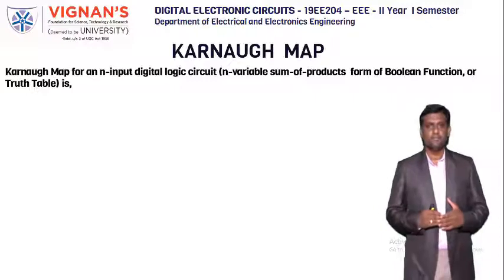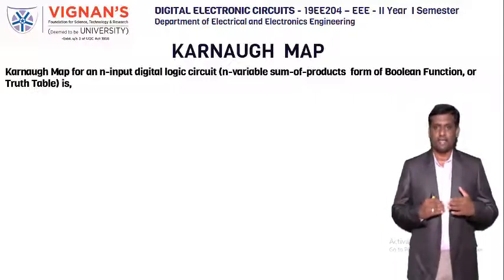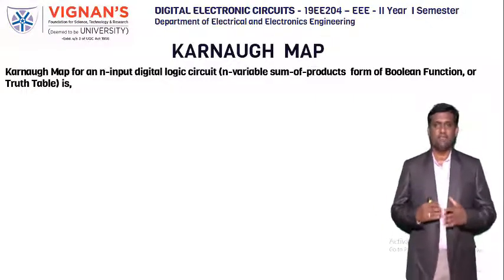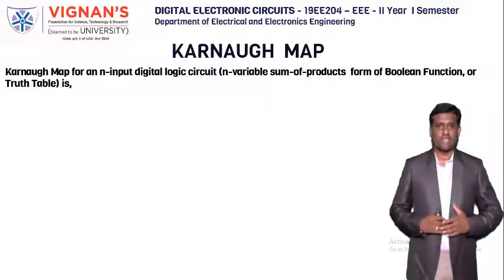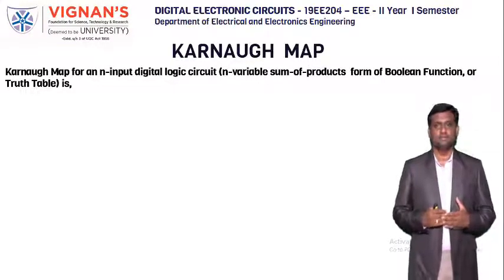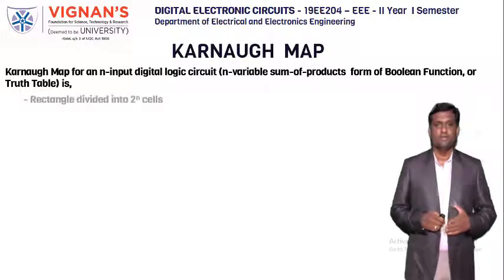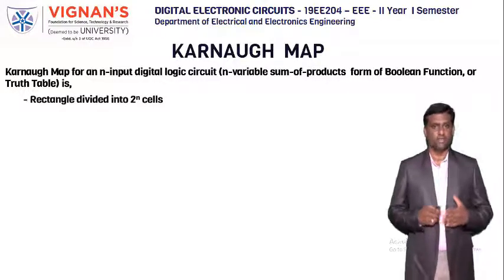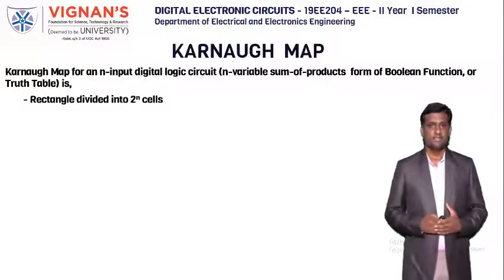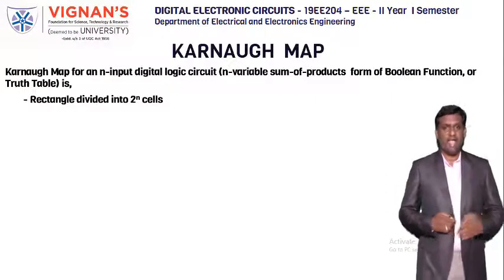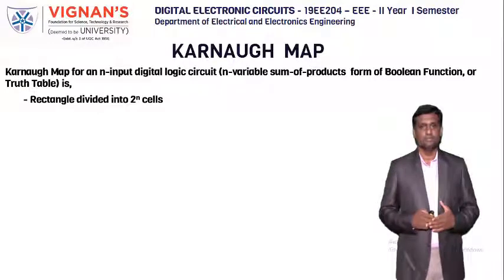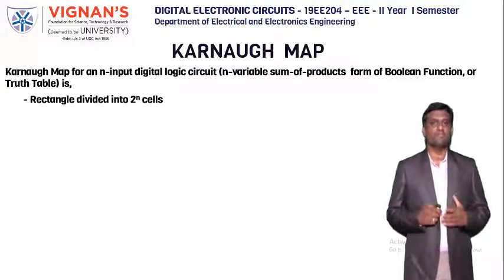The K-map representation for a given Boolean function of an n-input digital logic circuit will be developed by following some steps. The K-map is divided into 2 power n number of cells.